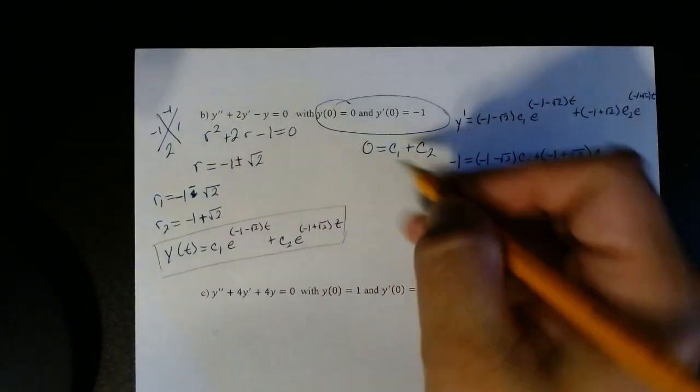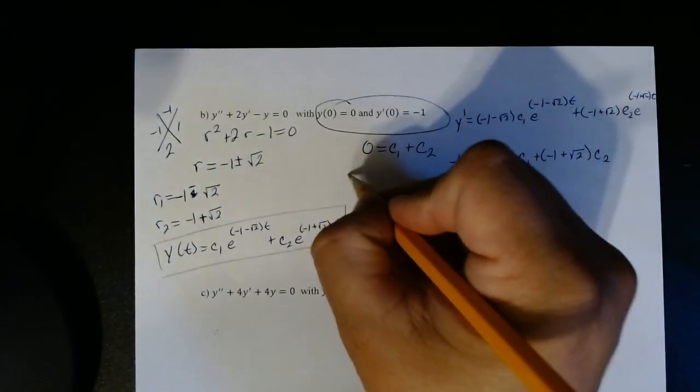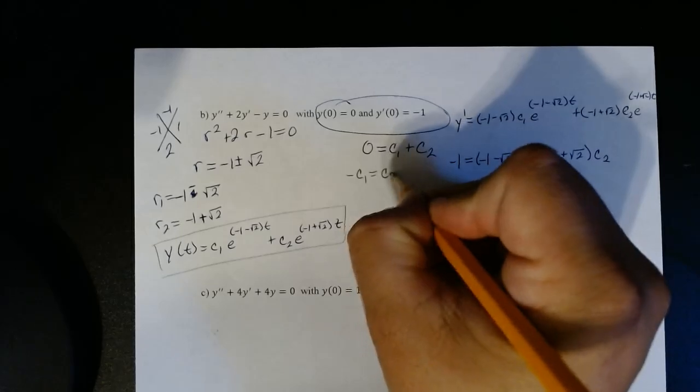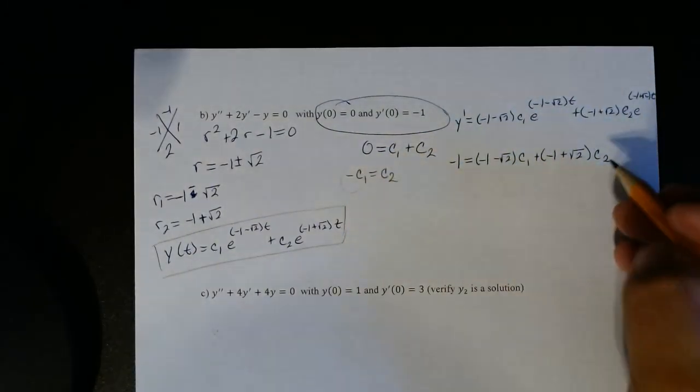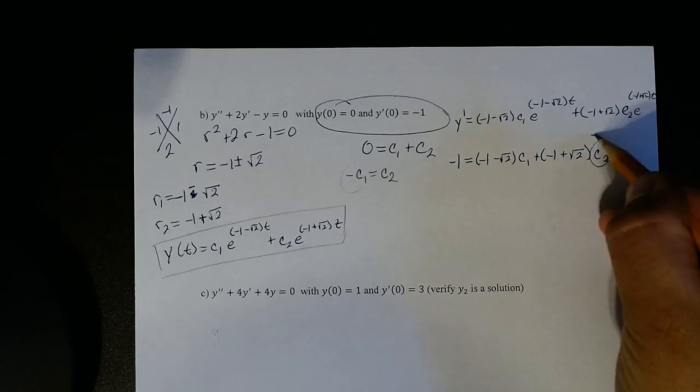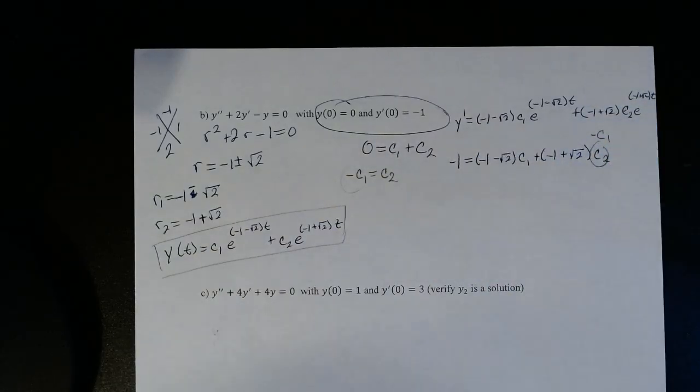All right, so at this point, I'll just bring this over. So minus C1 equals C2. So everywhere I see C2, I'll put in negative C1 and just rewrite some stuff.